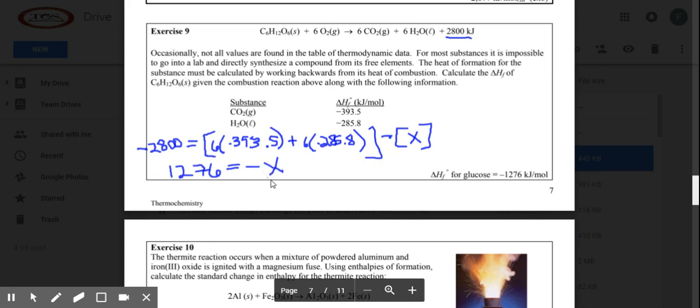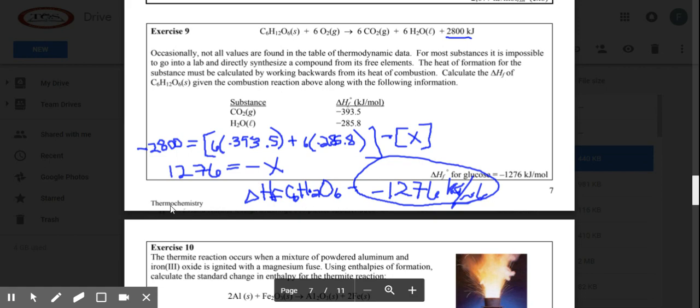We just want the positive quantity. So I'm going to distribute the negative 1 through here. So that means that the delta H of formation for glucose, C6H12O6, is equal to negative 1276 kilojoules per mole. And that is my final answer there.